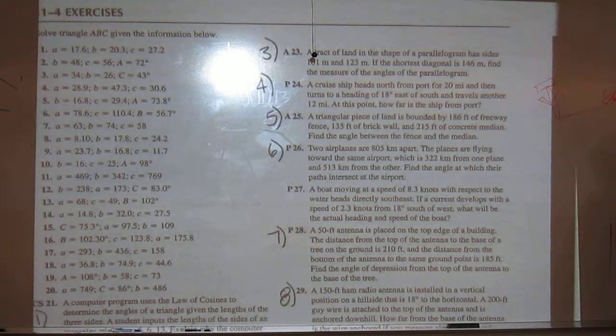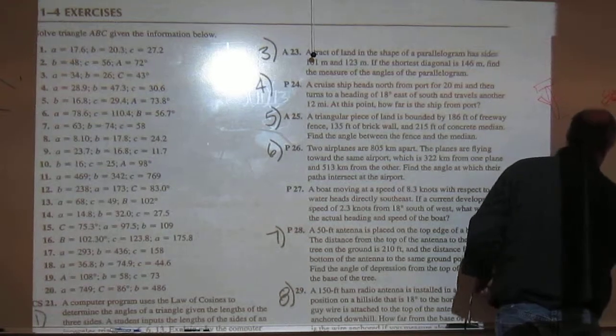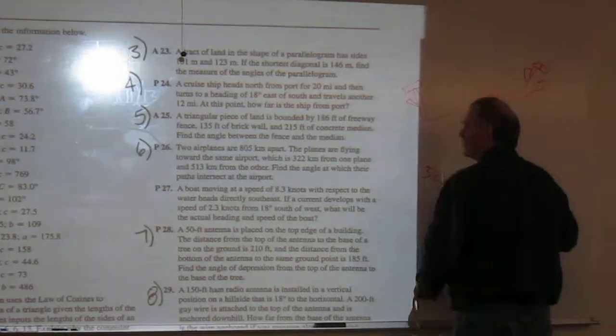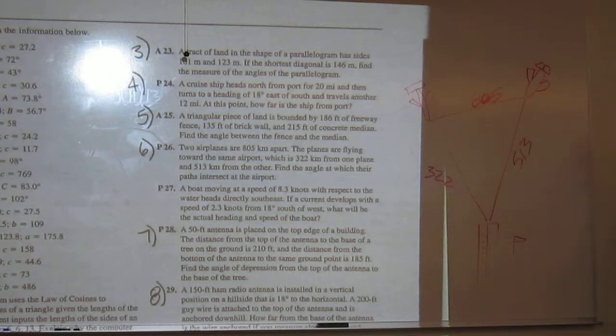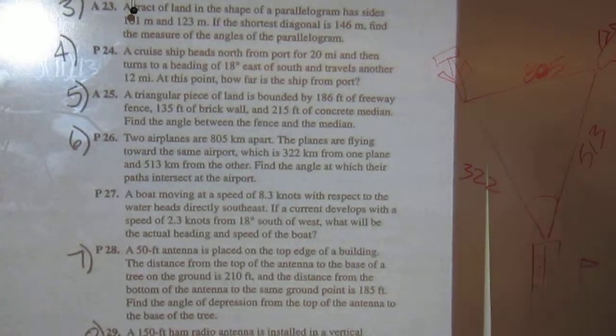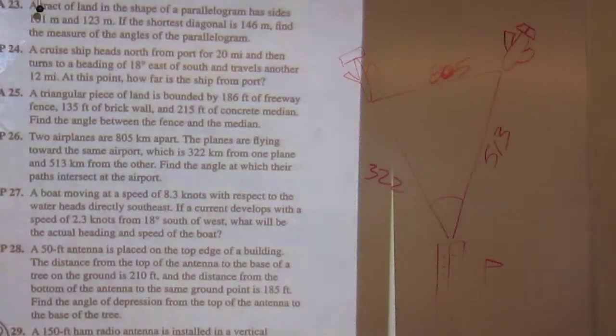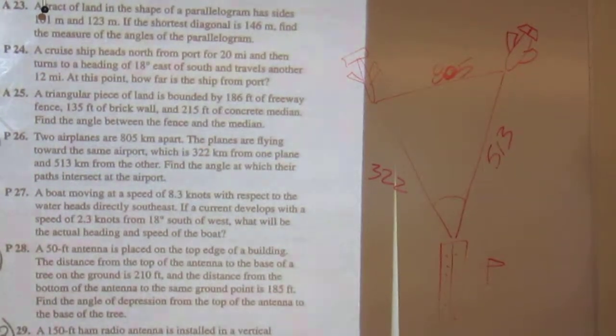It's got a little windsock on it. So we're looking for the angle where the airport is, right? Yep. Where their paths intersect.